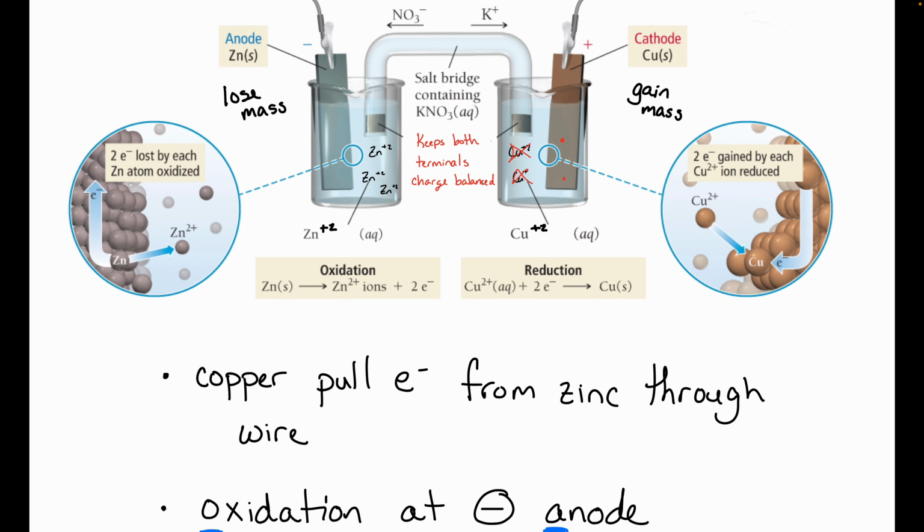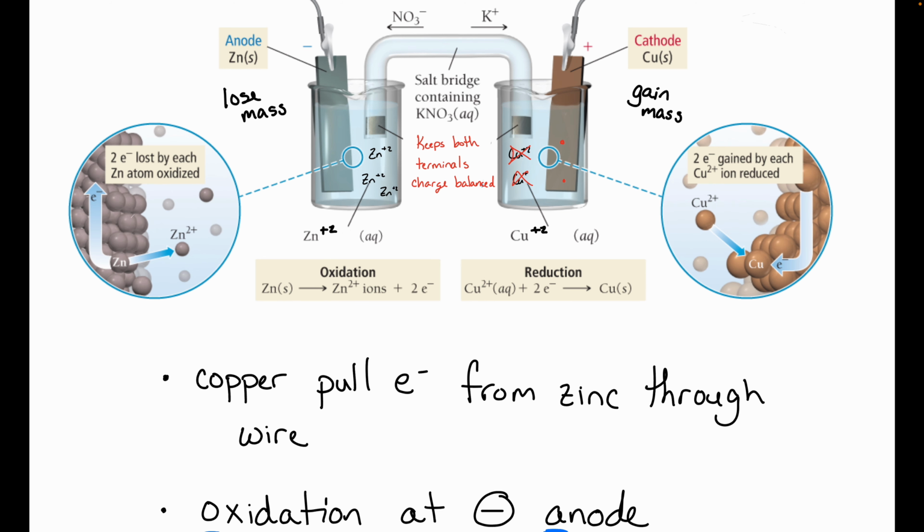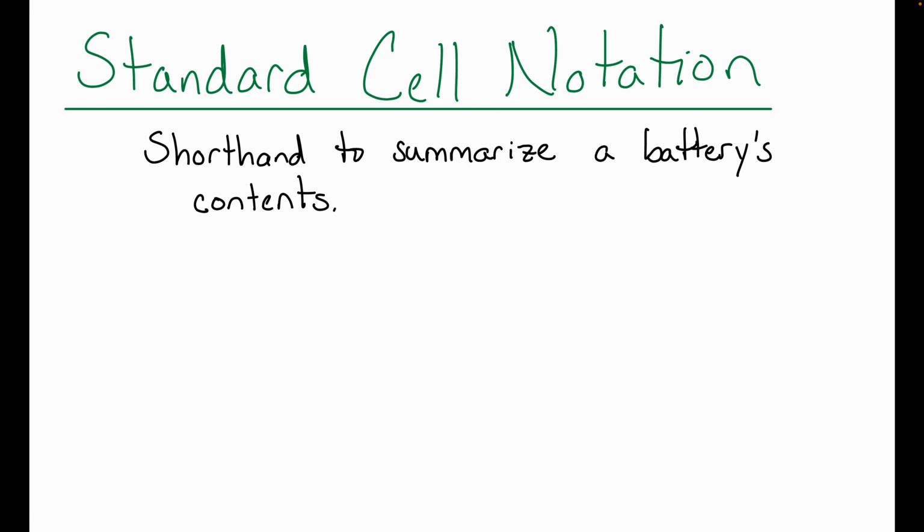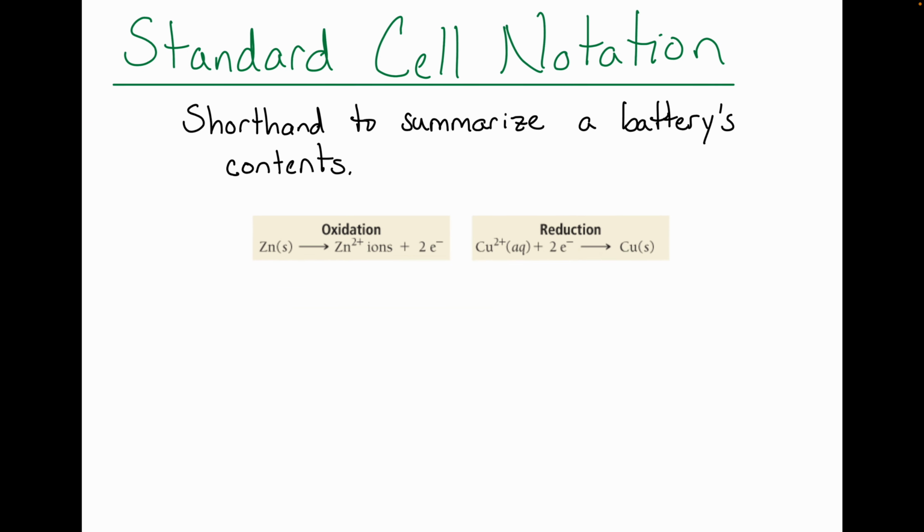All right, so I'm going to copy over these two half reactions here. Okay, so what we're going to do is list our anode material followed by that anode solution.